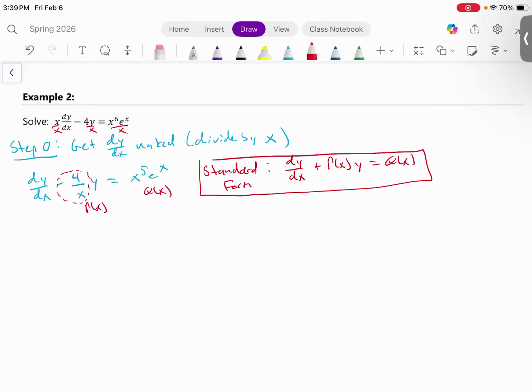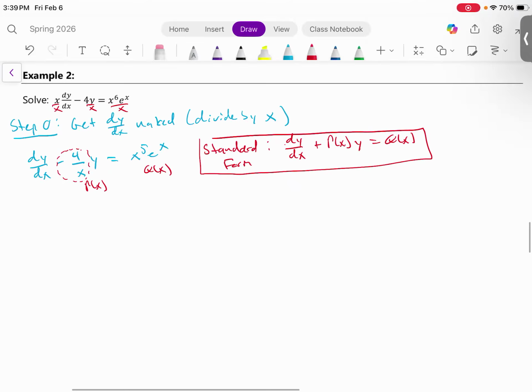We can go ahead and start getting our integrating factor, which is step 1. Integrating factor, mu.